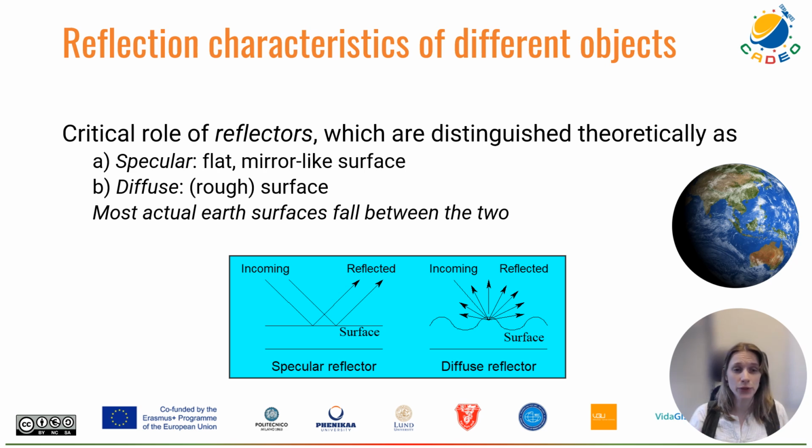And then you have diffuse reflectors, which are rough surfaces where the reflection goes in many different directions. And it's important to know that the actual Earth surfaces that we are looking at are not either or, but they are often a combination of the two, or somewhere in between specular and diffuse reflector.